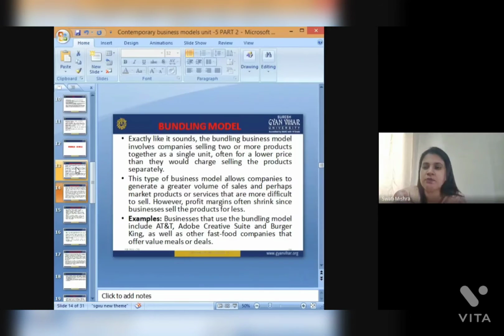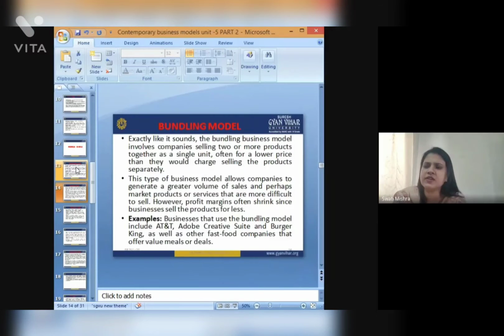This type of business model allows companies to generate a greater volume of sales and perhaps market products or services that are more difficult to sell otherwise. However, the profit margins often shrink a lot, since the businesses are selling the products for cheaper prices, right?